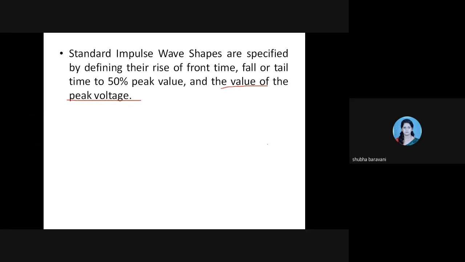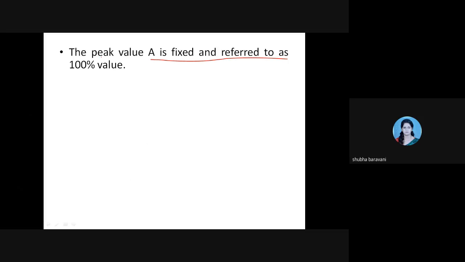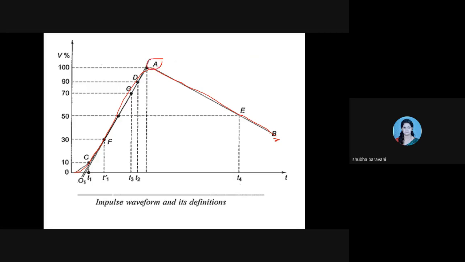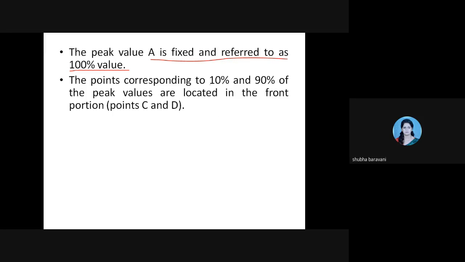Standard impulse wave shapes are specified by defining the rise or front time. The peak value A is fixed and is referred to as 100% of value. Next, the points corresponding to 10% and 90% of the peak values are located in the front portion.